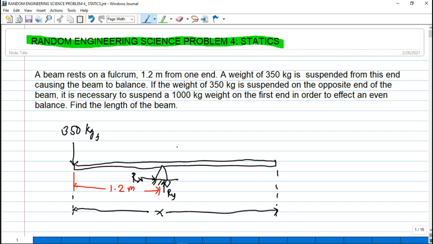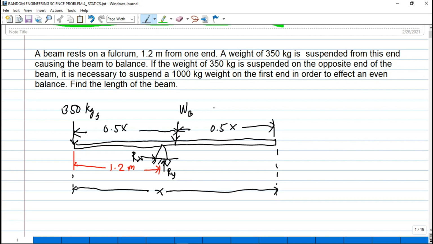So basically, mag-act yung ating weight of the beam at a distance of 0.5 or 1/2 of this x. Sa gitna siya, mag-act. So this is basically, so we have here 0.5x on the left side. So dun mag-act yung weight ng beam natin. But it's not given. But it's needed for us to formulate the equation.